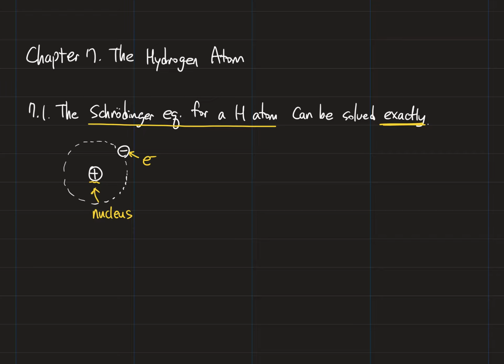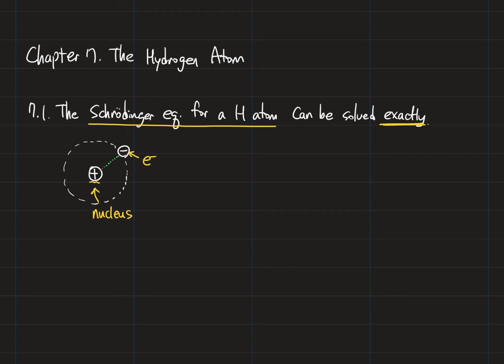So basically, this is a two-body problem. There is a positively charged nucleus and a negatively charged electron. And when we see this model, we easily capture the potential energy between the positive charge and negative charge.